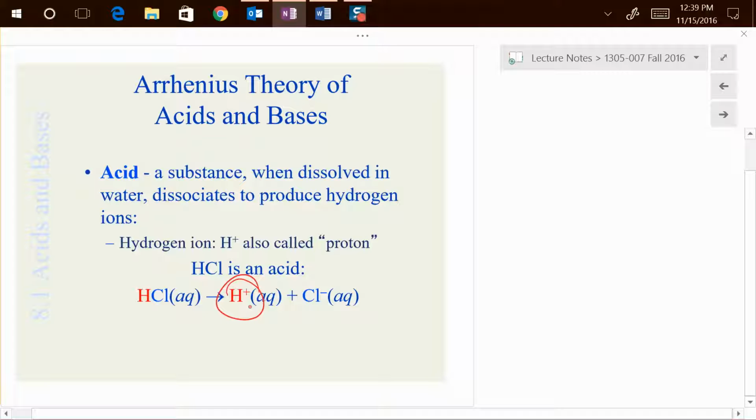H plus ion is the acidic ion. When we measure the pH of something, this is what we're measuring. How much of this is in the solution? That tells us what the pH is, the concentration of that H plus ion.